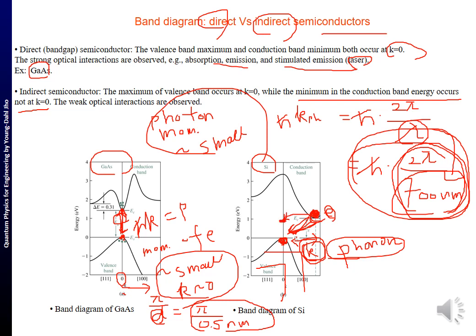And this electron now again goes to the lower energy state. So phonon should be emitted so that there is any light emission in the case of silicon. Actually it happens, okay? But yeah, the efficiency becomes much smaller.